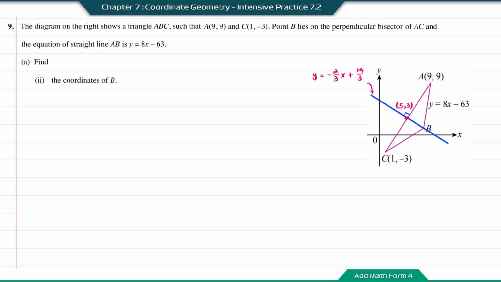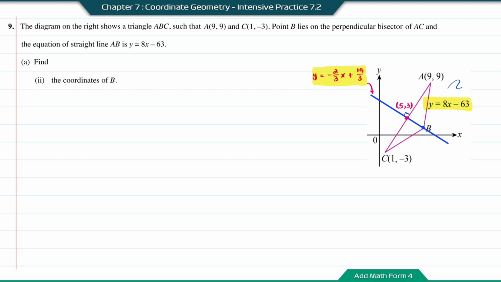A2: find the coordinates of B. Here the point B is the intersection point between the straight line AB and the perpendicular bisector of AC. And we have the equations for both straight lines. To find the intersection point, which is B, we're going to solve these two equations using the simultaneous linear equations method.